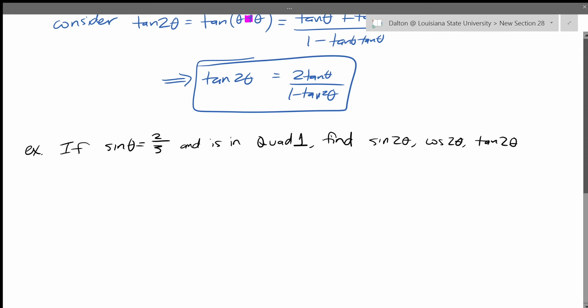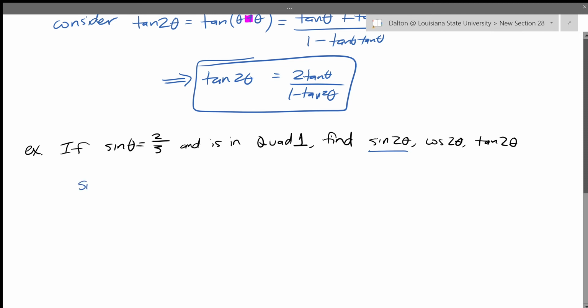So basically, I'm giving you one trig ratio, and you need to find the double angles of that sine and cosine and tangent. Okay, so it'll have a few different parts to it. So I'm looking for 3 answers. First thing I'm looking for is sine of 2 theta.